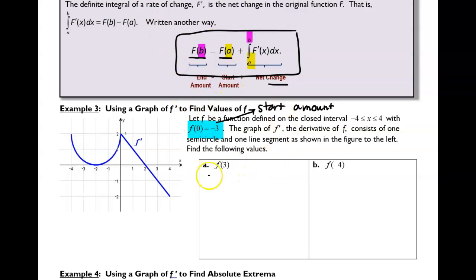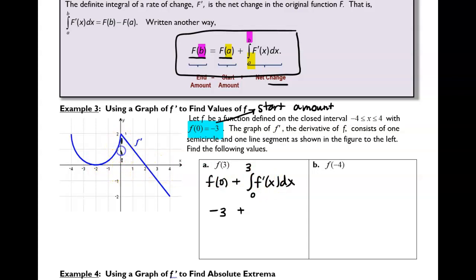So to find f of 3, I would do f of 0 plus the integral from 0 to 3 of f prime of x dx. f of 0 was given to me, that's -3. This integral from 0 to 3 of f prime of x dx, I can find from my graph.